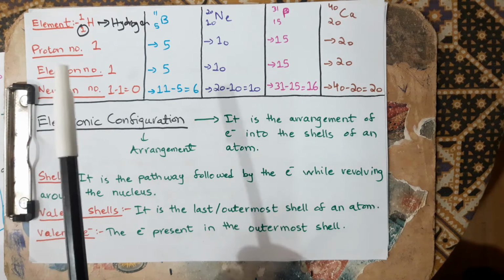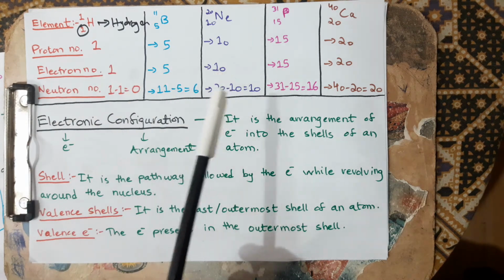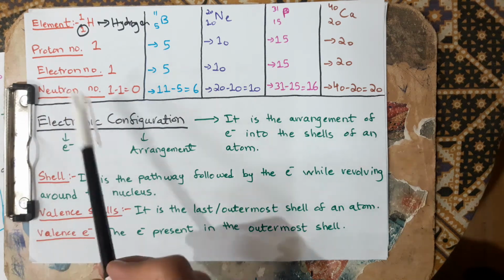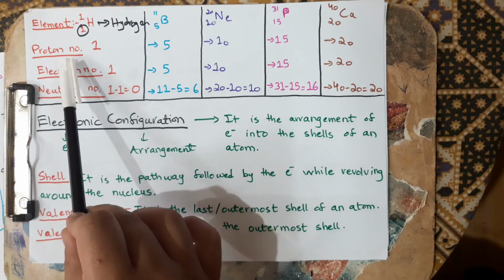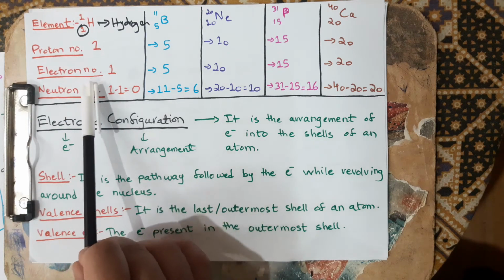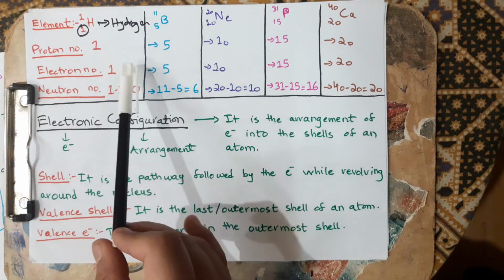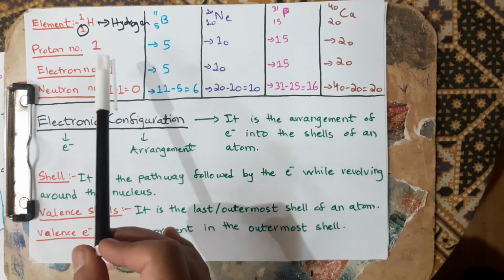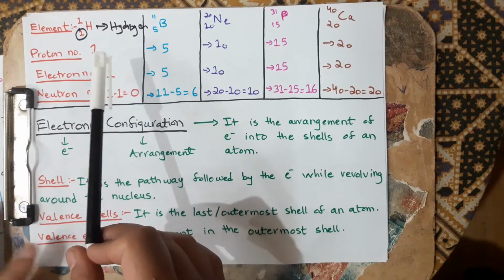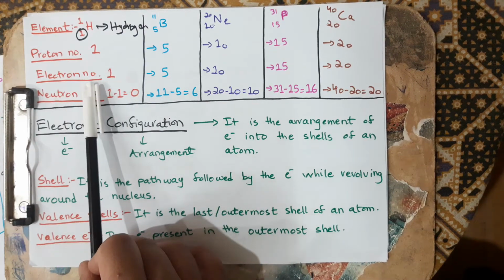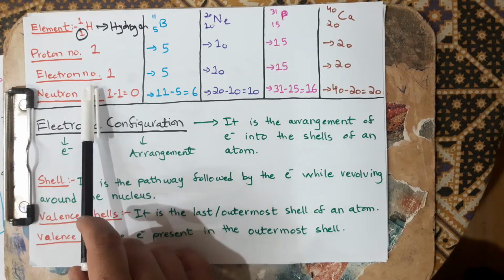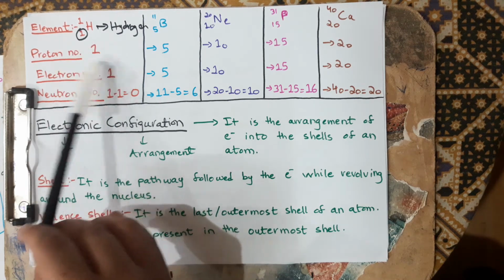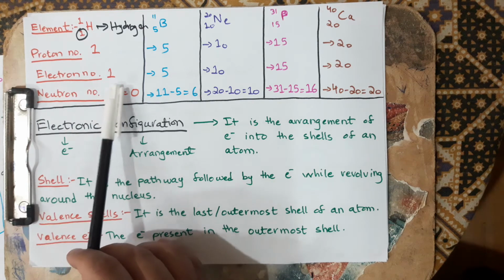If the atom is neutral, it doesn't have any charge, then the proton number is equal to the electron number. So whatever we take directly from the periodic table, we must consider as neutral, and so their proton number is always equal to the number of electrons. So its proton number is 1, and so the electron number is also 1.